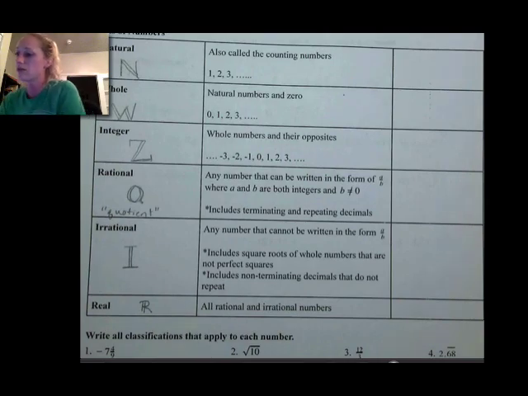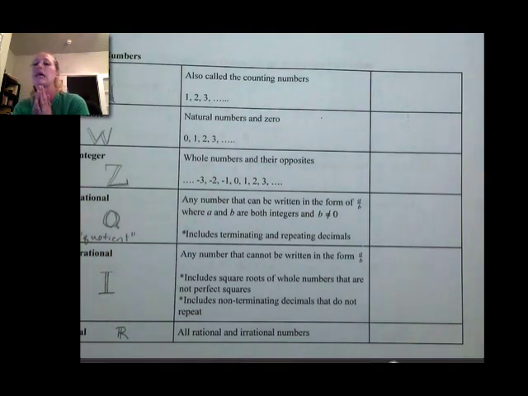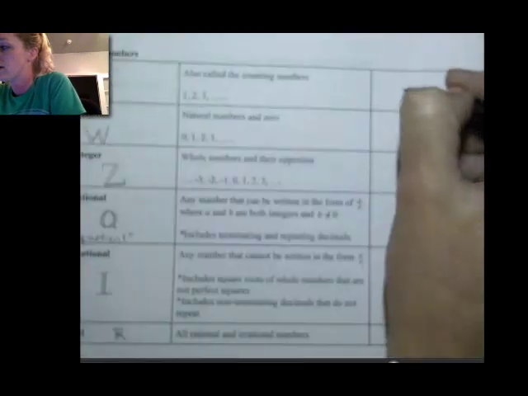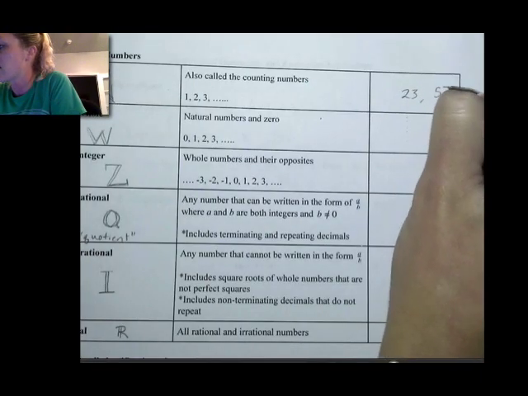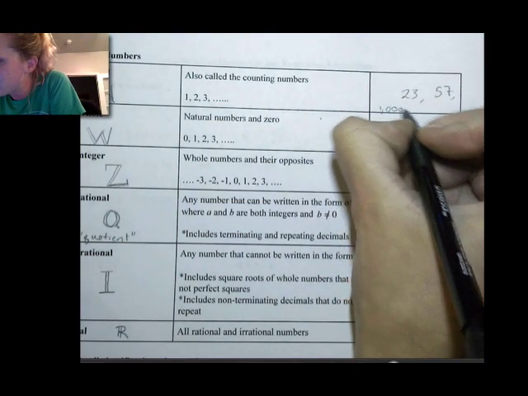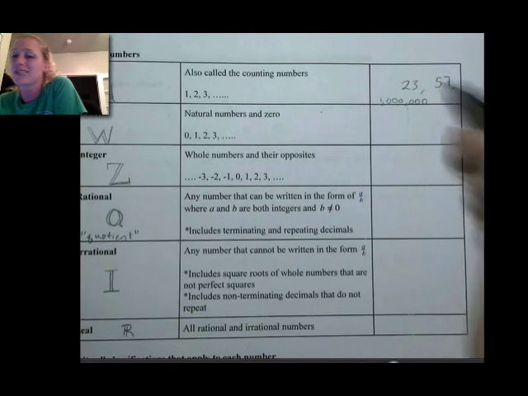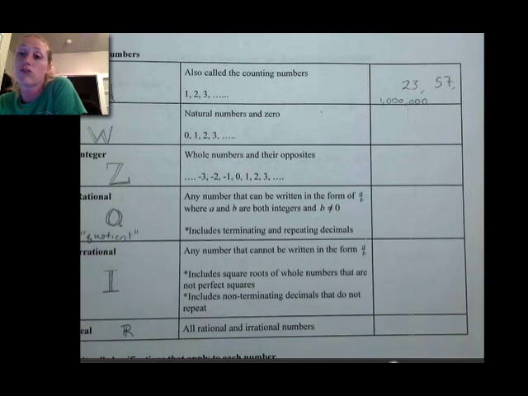Okay, so let's think of a couple more examples. So 1, 2, 3, 4, basically any whole number that's not 0 and not negative is something in the counting numbers. So I could use 23, 57, 1,000,000. Those are all examples of natural numbers. Whole numbers, I could use those same examples, but 0 is also in this set.